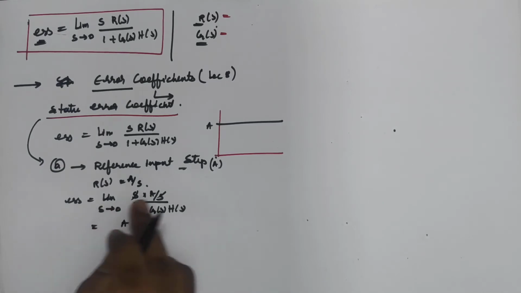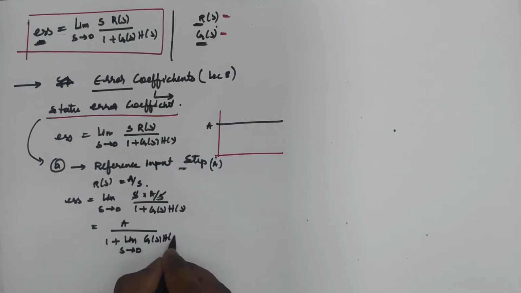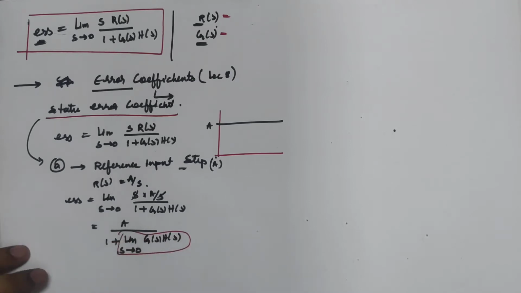So A by 1 plus the limit s tends to 0 of G(s) H(s). Now here we have one main point I would like to give.